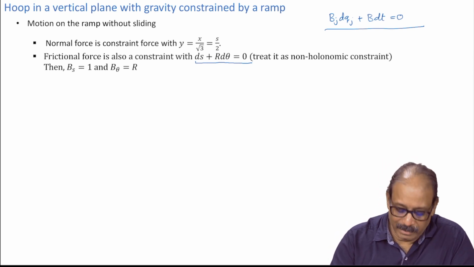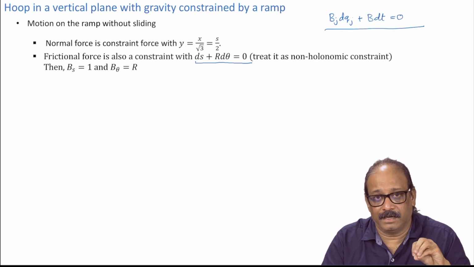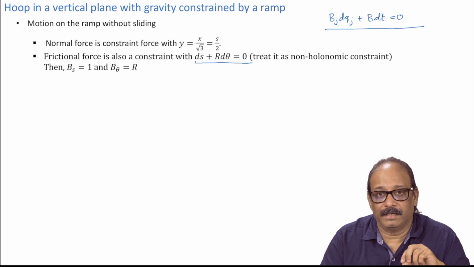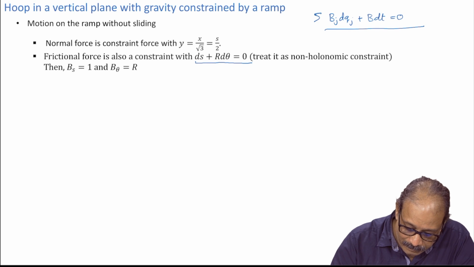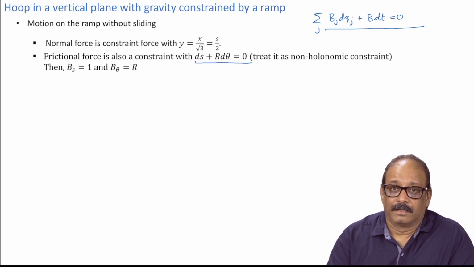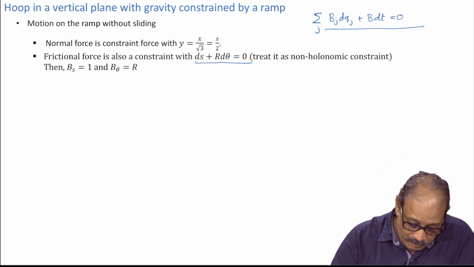If I have many constraints, then remember in the previous case I had written that as Bij dQj plus Bi dt is equal to 0, but we only have just one constraint. So, now what are your B's?